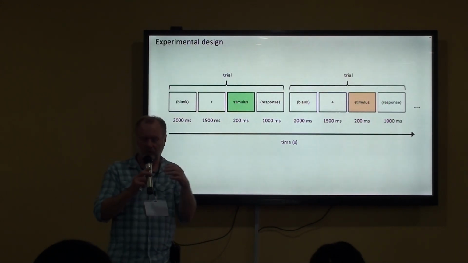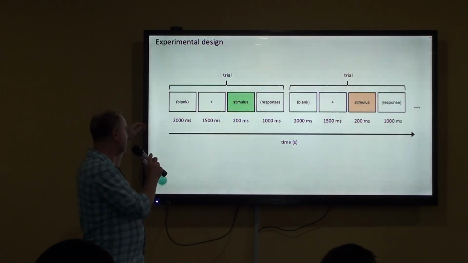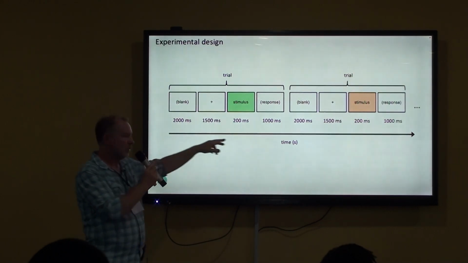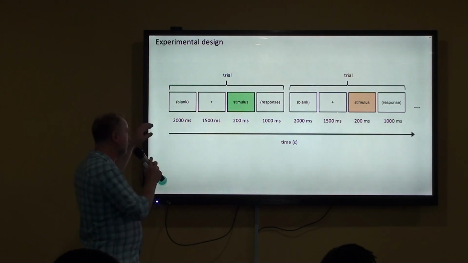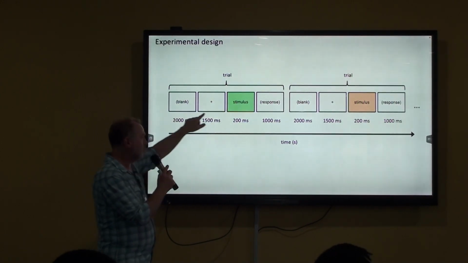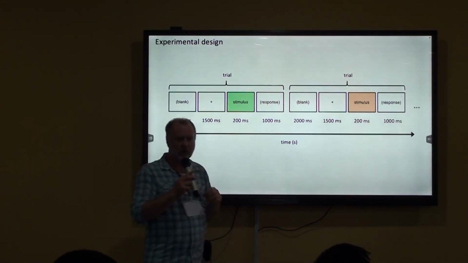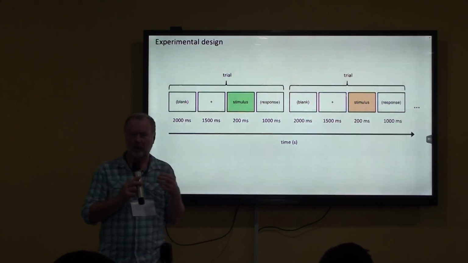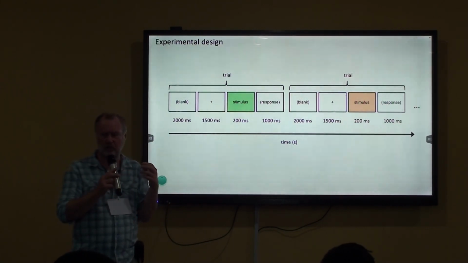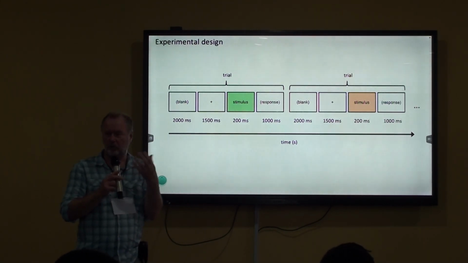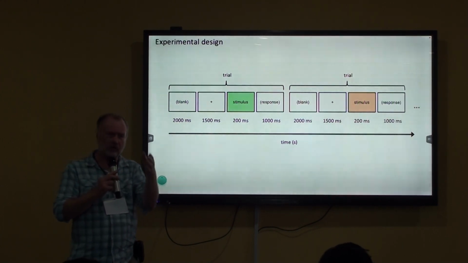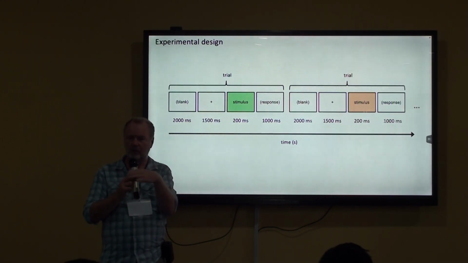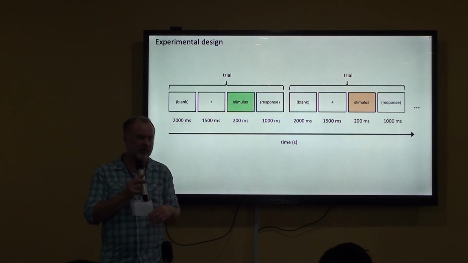Here you see such an experimental design with time indicated as an arrow along the horizontal axis. And this is one trial. So yesterday with PsychoPy, we already made a fixation cross. And the fixation cross is something that we use a lot, because what we've seen yesterday as well during the experimental session, if you move your eyes, you get large artifacts.